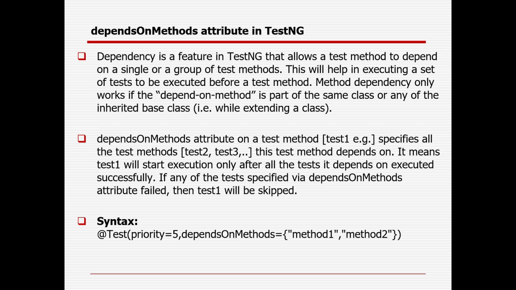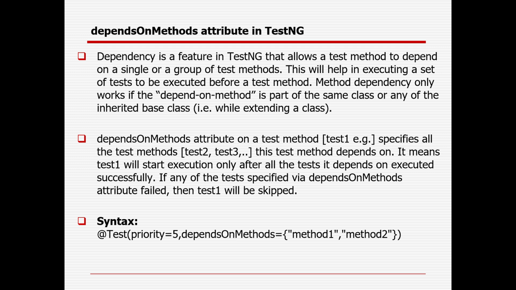Then the next one is the dependsOnMethods attribute. Okay. So why is the dependsOnMethods attribute required? I already told you, right? In case you want to add the payment, before that your first thing is that you need to make sure your login is successful and the product is available. Otherwise, there is no point in making the payment or adding the product to the cart.